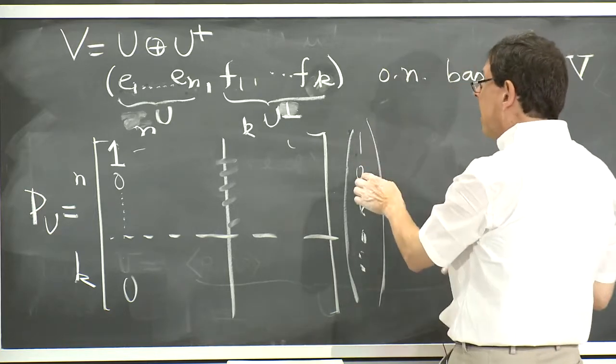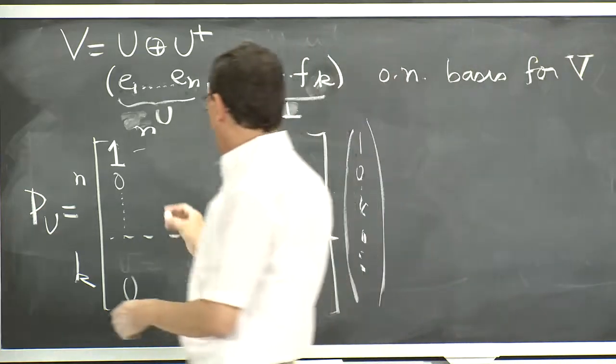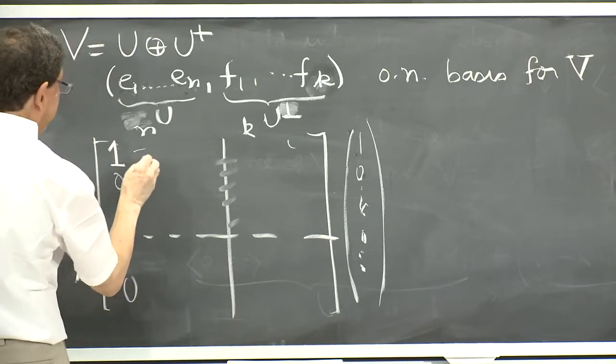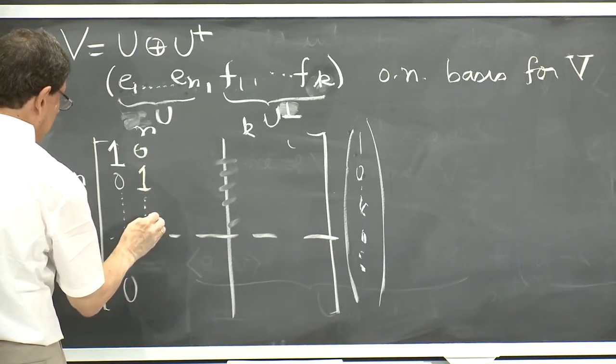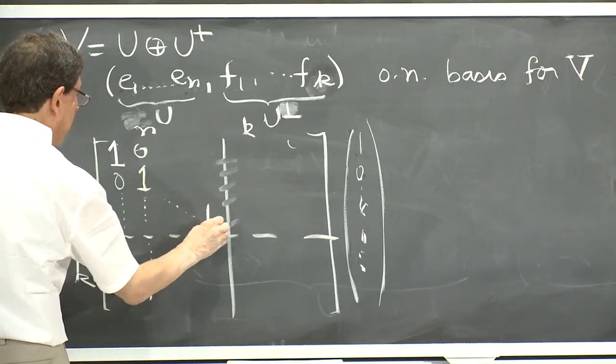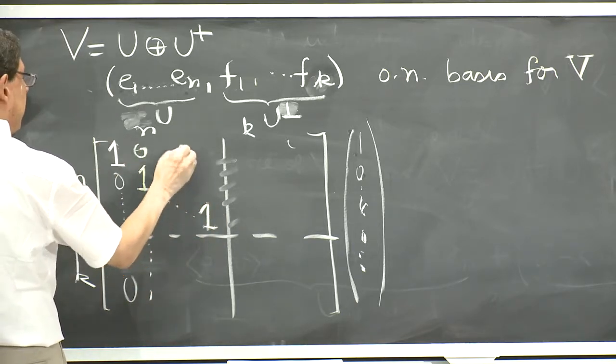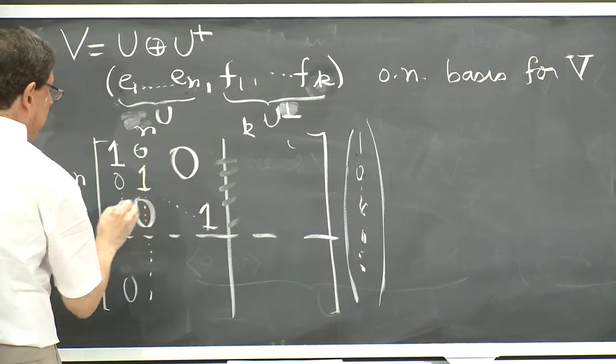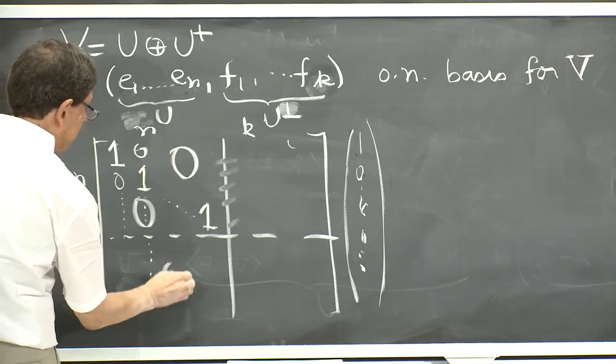For this second vector to work, you will need a 1 here, zeros everywhere. And then the 1s continue all the way here. So you need 1s here, a big 0 here, a big 0 here, and a big 0 here.